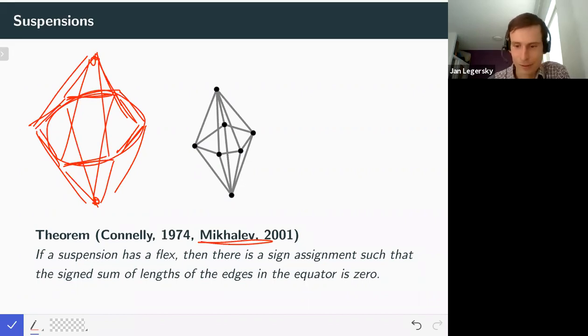But it can be easily seen from the original one. So they show that there exists a cycle with an assignment of signs, such that when we sum up the edge lengths, we get 0, but only for suspensions. So we want to do something for any polyhedron.